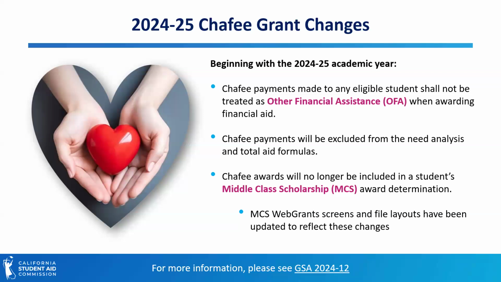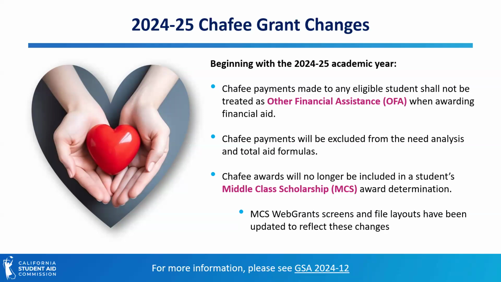That means that you no longer have to report Chafee in your MCS enrollment files or in your payment roster files. So our foster youth students are able to get even more MCS because Chafee is no longer included.